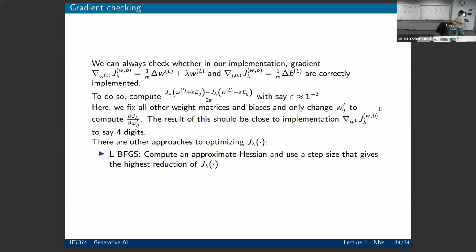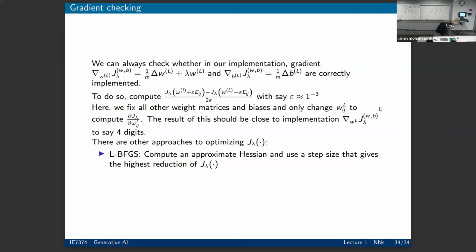Next is the concept of gradient checking: you can manually check your gradients to ensure that your model is correct. One way to do that is to calculate the loss, the cost, for a given W plus a certain noise.